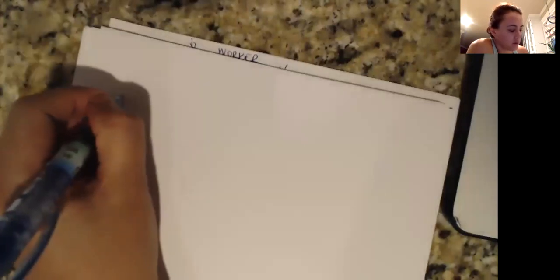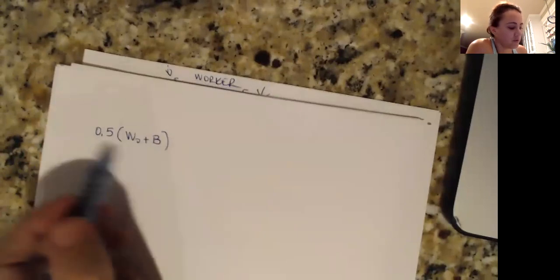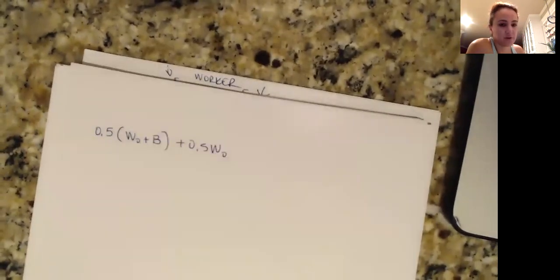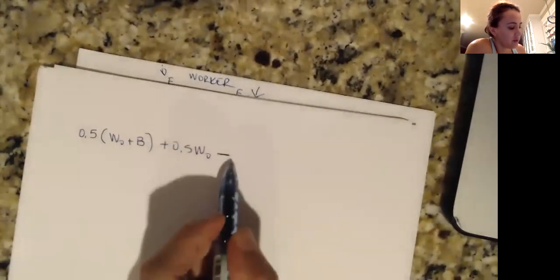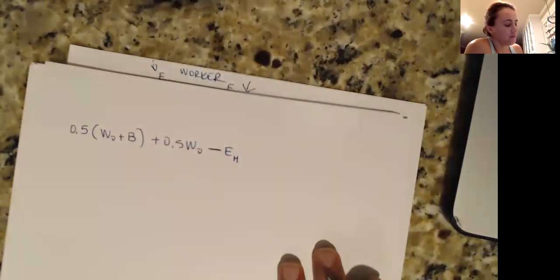What about W0? How am I going to find W0? Remember that now I have H workers, right? The H workers will get a payoff of W0 plus B with a probability of 50% because output is high with a 50% probability, and they will be paid only W0 if the output is low. And they exert high effort, so I have EH here.